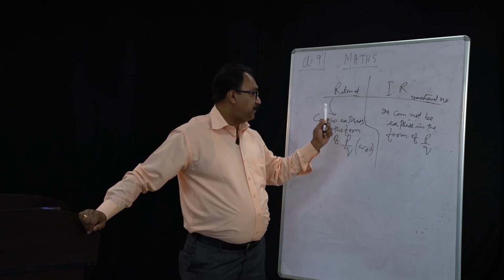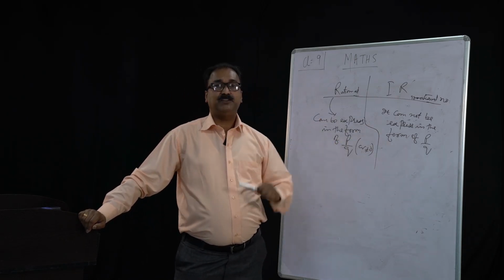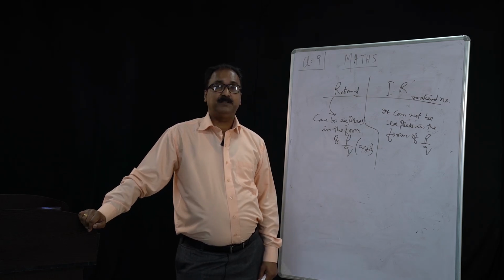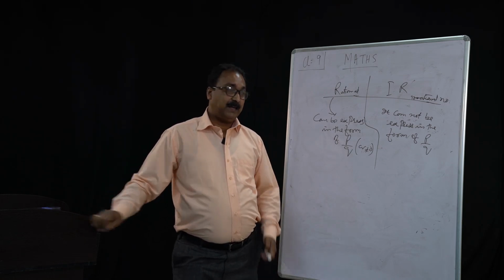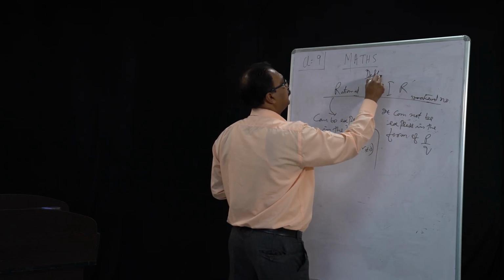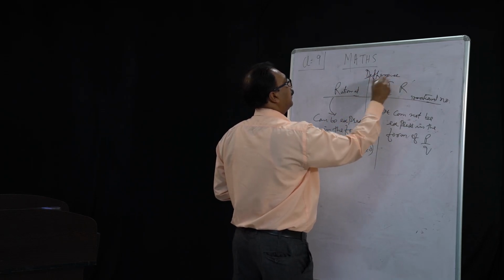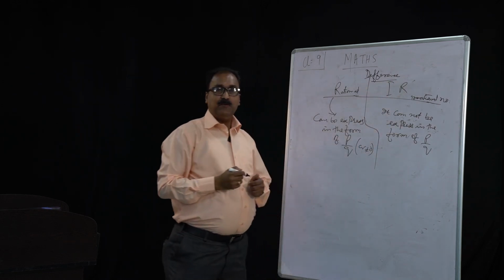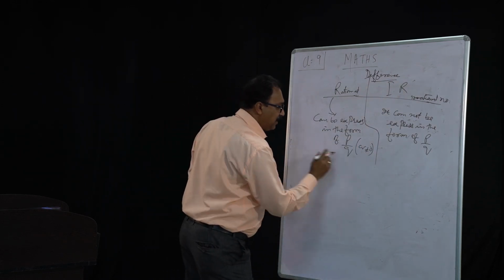A rational number can be expressed in the form of P by Q. Irrational numbers cannot be expressed in the form of P by Q. That is the difference between rational and irrational.